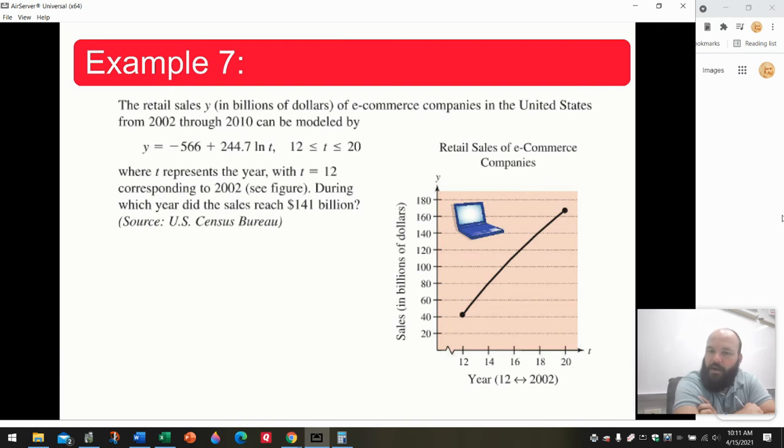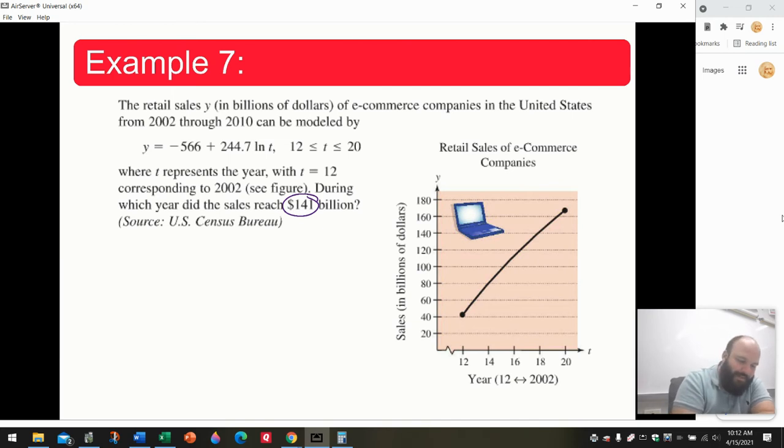So if you think of e-commerce, this would be like Amazon or Walmart.com or things like that. As you probably figured out, this is going to grow, and it has been growing exponentially for quite a few years now. So we need to figure out, where do we put this 141 billion? Well, the 141 billion is the sales.